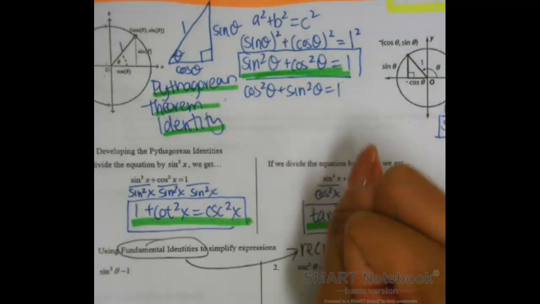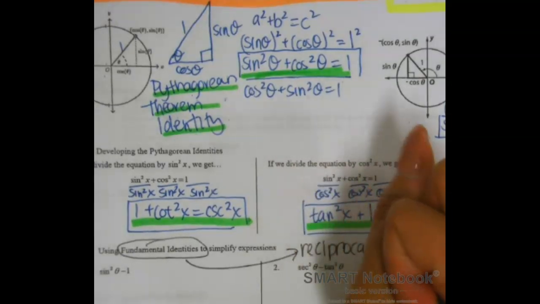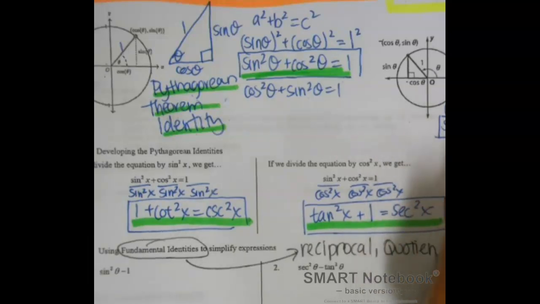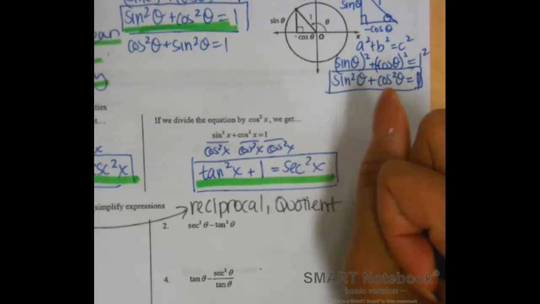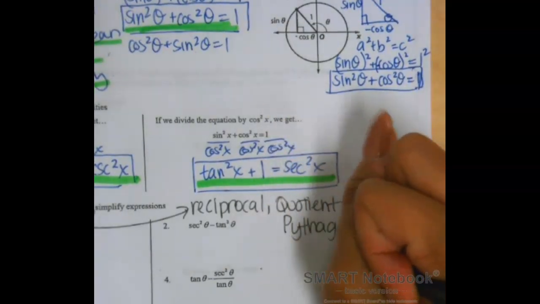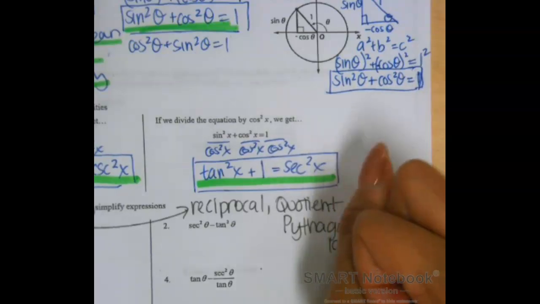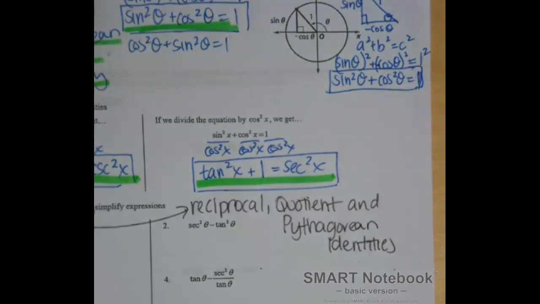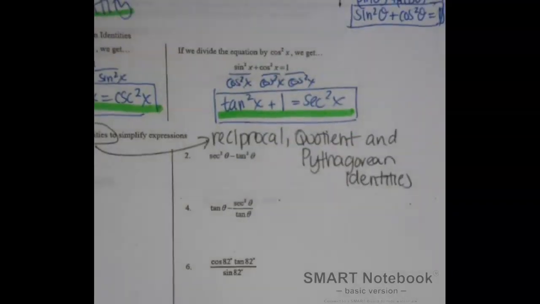These are the reciprocal identities, the quotient identities, and the Pythagorean identities. Hopefully I spelled that right. Those are your 3 identities: reciprocal, quotient, and Pythagorean. We're going to use a combination of sometimes all 3 of these to answer the questions below.